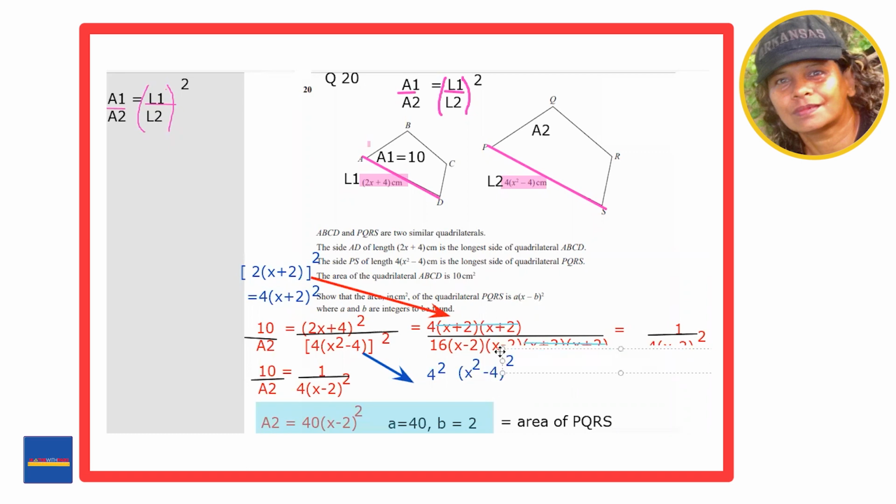My 4 squared can be written as 4 into 4, which is 16.